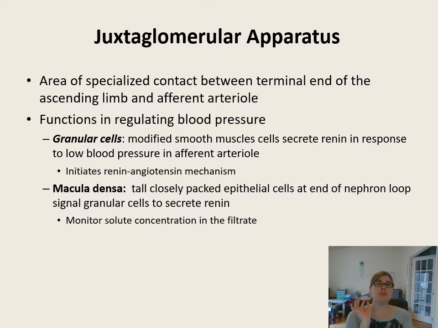So the cells that are the most involved with activating something called the renin-angiotensin mechanism, which we'll get to, are called granular cells based on their appearance. Granular cells are modified smooth muscle cells, and they are going to secrete renin, which is a hormone, when blood pressure gets low in the afferent arteriole.